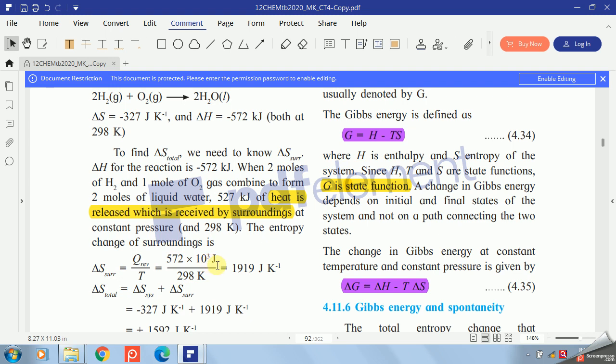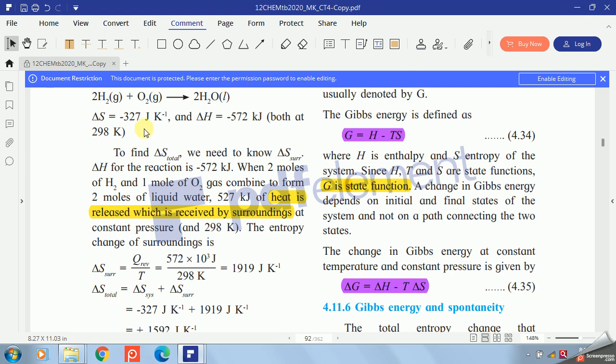Remember this: the value of entropy is in joule per Kelvin, but the value of heat of reaction is in kilojoule. So while solving the numerical, always convert your heat of reaction into joule. So your answer for delta S surrounding is 1919 joule per Kelvin. Substitute this value and you can calculate delta S total.